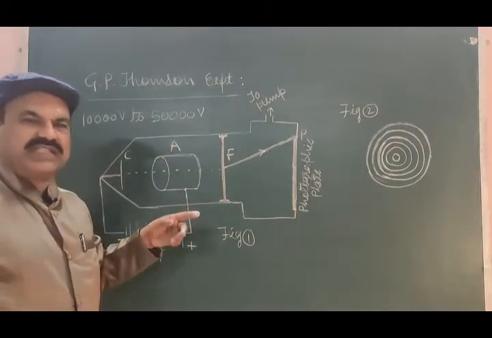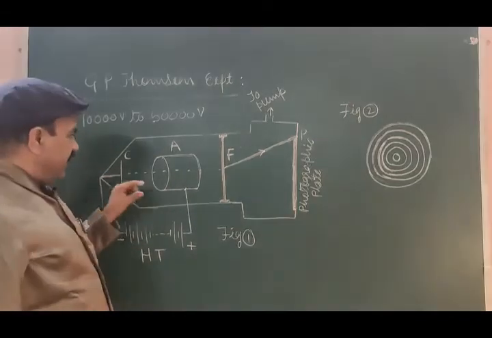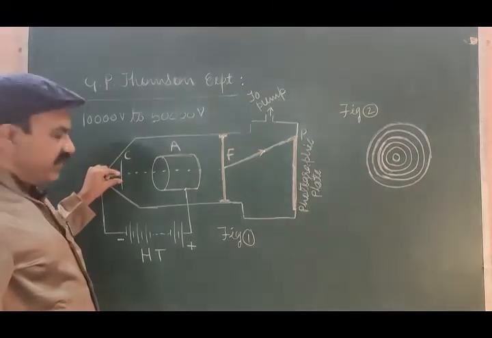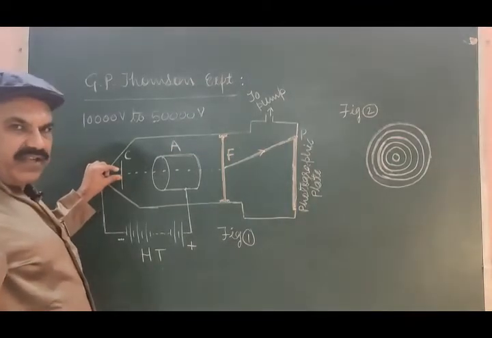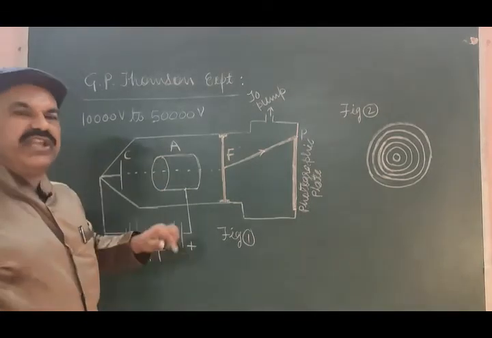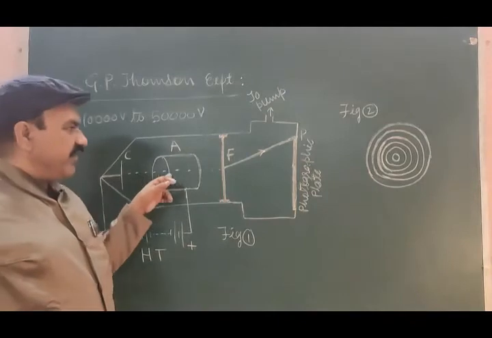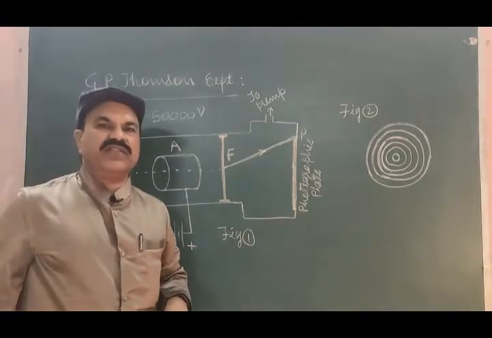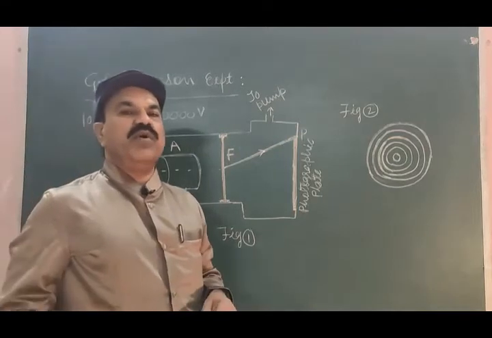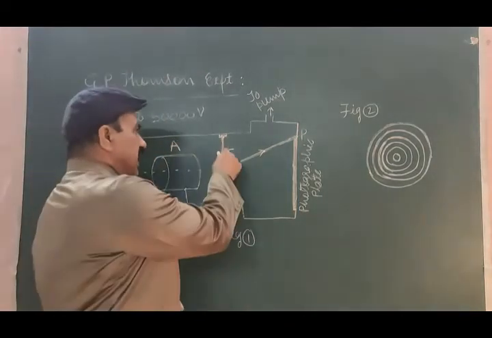Let us call this anode the accelerating anode. The electrons emitted from this cathode are converted into a very fine beam of electrons. This very fine beam, which has electrons of energy about 50,000 electron volt, is allowed to be incident on this microfilm.